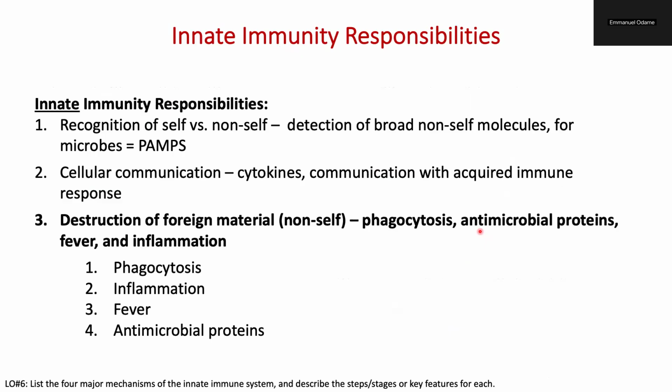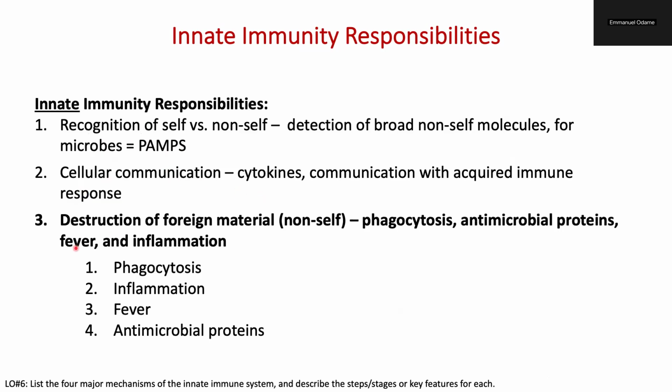So now let's talk more about the innate response. We have first discussed the recognition of self and non-self, recognition of PAMPs, and now we discuss the innate response, where one important function is to help in communication through cytokines.